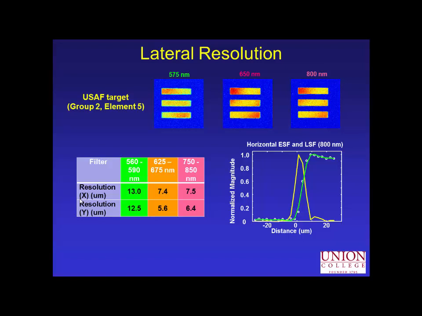It's about 13 microns horizontally, 12.5 vertically. Again, that's not that surprising, because as we saw before, the actual spatial modes were a bit more complicated at the shorter wavelengths. Meanwhile, for the longer wavelengths where you have a Gaussian-like beam, you can focus much tighter and get better resolution. Either way, though, the resolution is quite good.